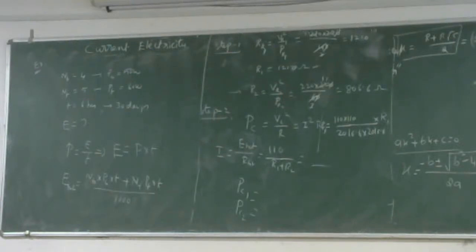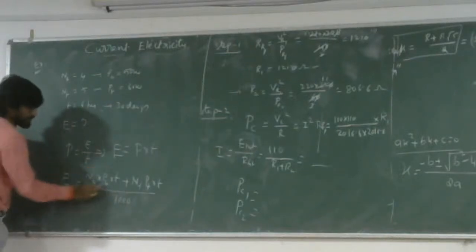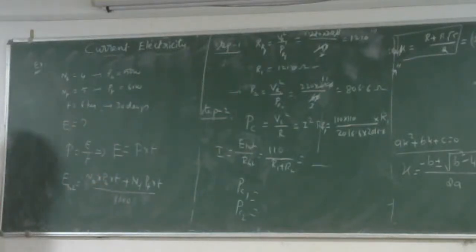So 6 hours each day, 6 hours and 30 days. Okay? So what is the energy consumed by this? What is the energy consumed by that? And hence what is the total energy consumed?